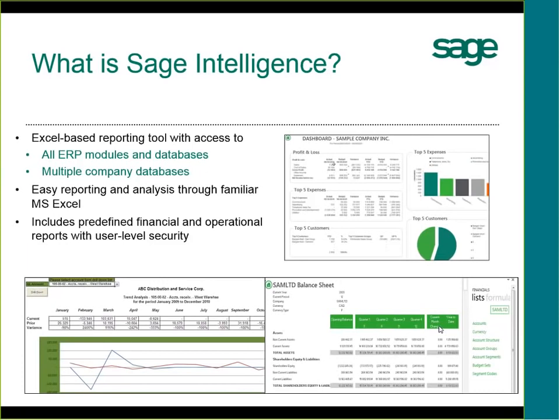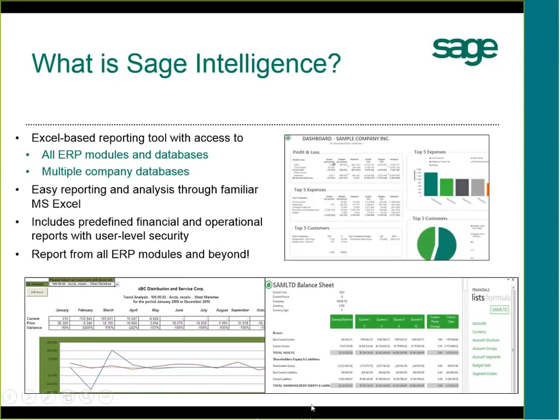So for example, other SQL databases, maybe CRM, Sage CRM, or maybe you have information or data within an Excel file. Well, you can make that connection as well. And Sage Intelligence comes with predefined financial and operational reports, and of course there's always the security and additional level of security with Sage Intelligence, and you can even set permissions at the report level.